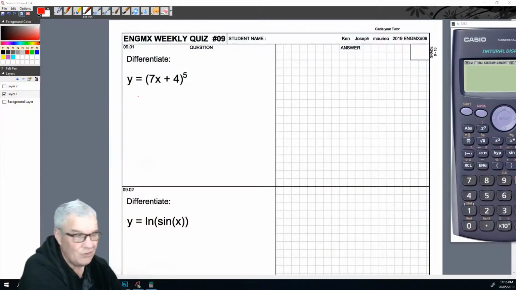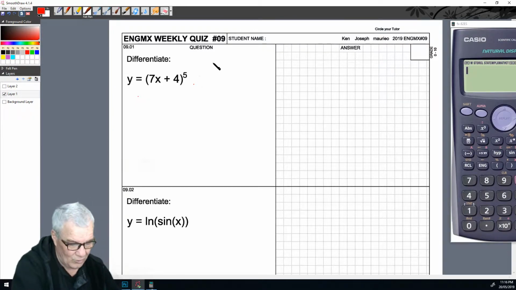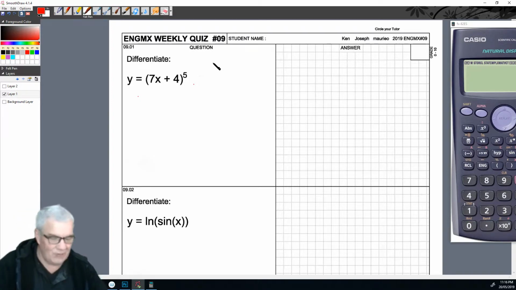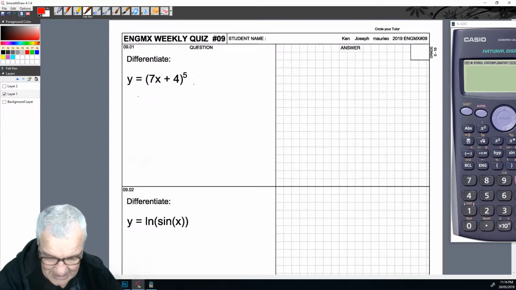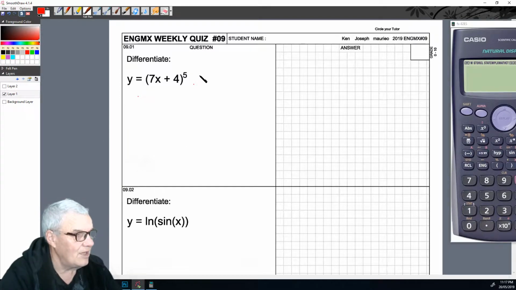Over to the big screen, and here we go. We've got all ready here, and over to the Wacom tablet to see if we can get something going. When we take a look at this one, we have to decide which method we are going to use.